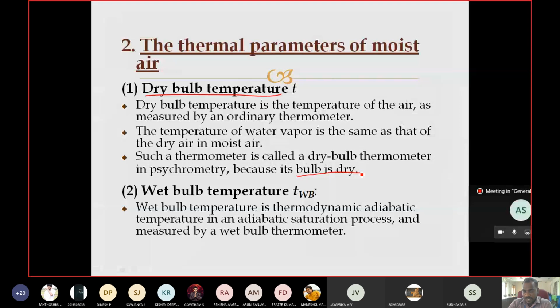With these two, we can measure the dry bulb temperature and wet bulb temperature of the atmospheric air. The difference between these two is the bulb of the thermometer. If it is a dry bulb thermometer, the bulb should be dry, and if it is a wet bulb thermometer, the bulb should be wet.